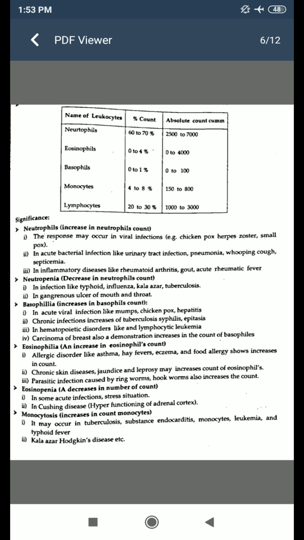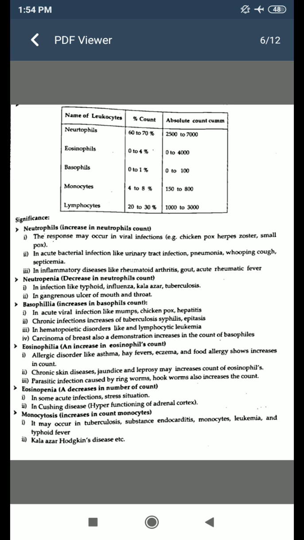First is in acute viral infections like mumps, chickenpox, and hepatitis. The second is chronic infections like tuberculosis, syphilis, and hepatitis. Third is in hemopoietic disorders like lymphocytic leukemia. Then carcinoma of breast also shows an increase in the count of the basophils.